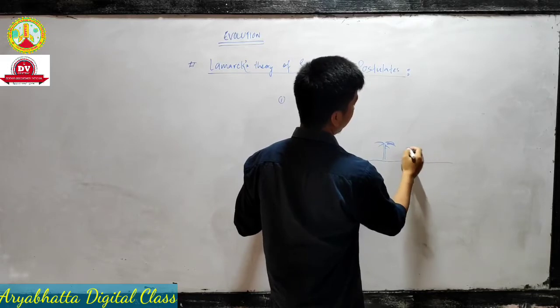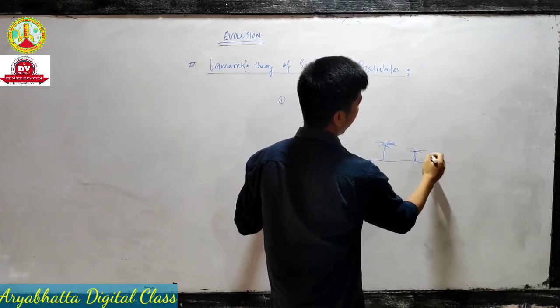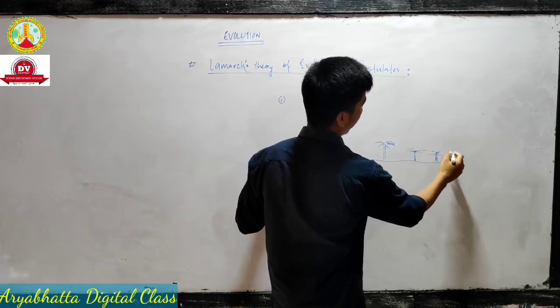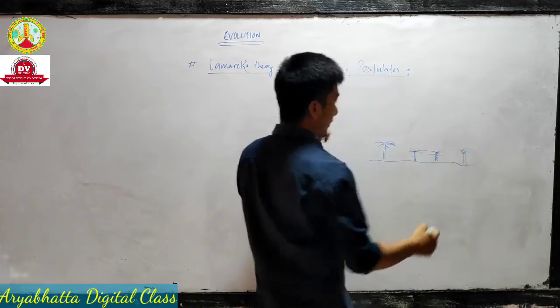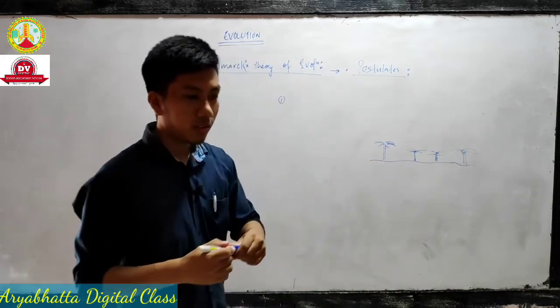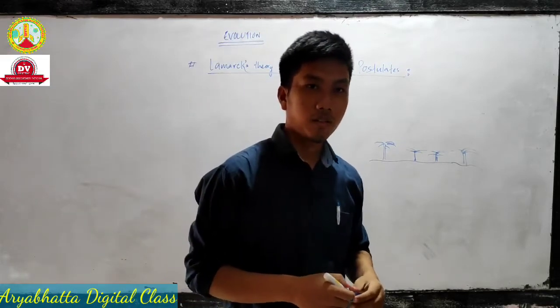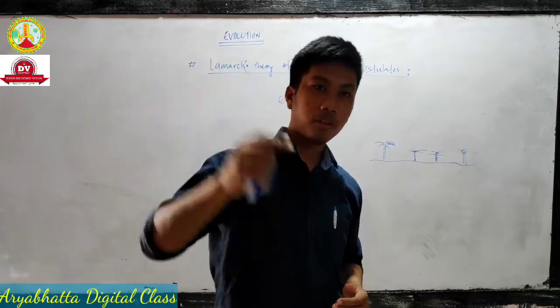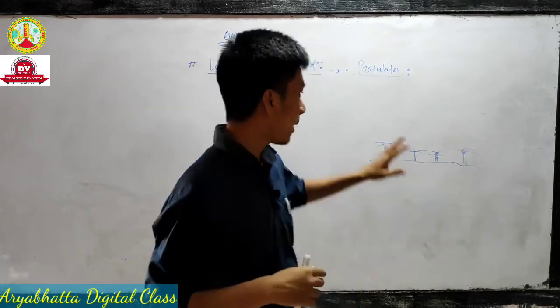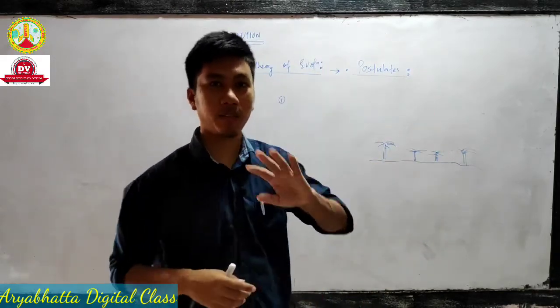This chapter is kind of a fairy tale. Interesting chapter, easy chapter, but important. So that animal starts to stretch their neck to feed on the tall trees. I will explain that again with the diagram later on.